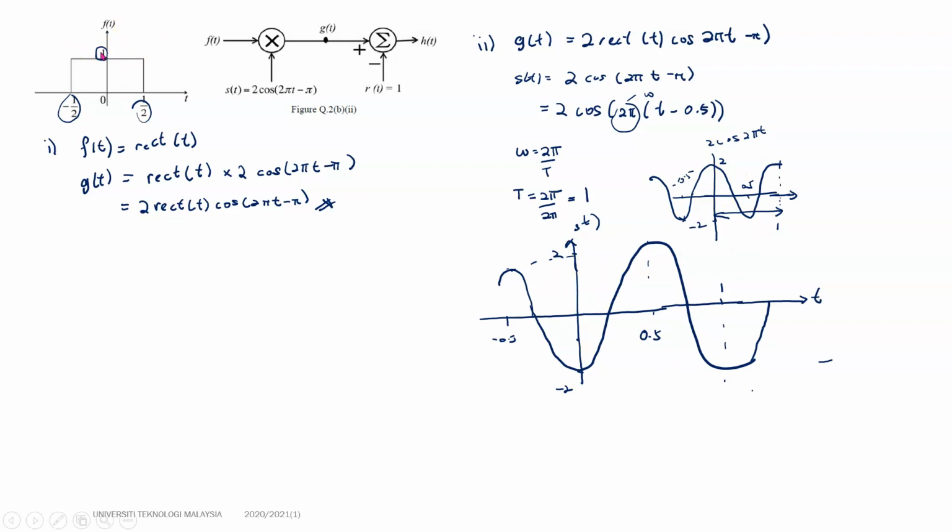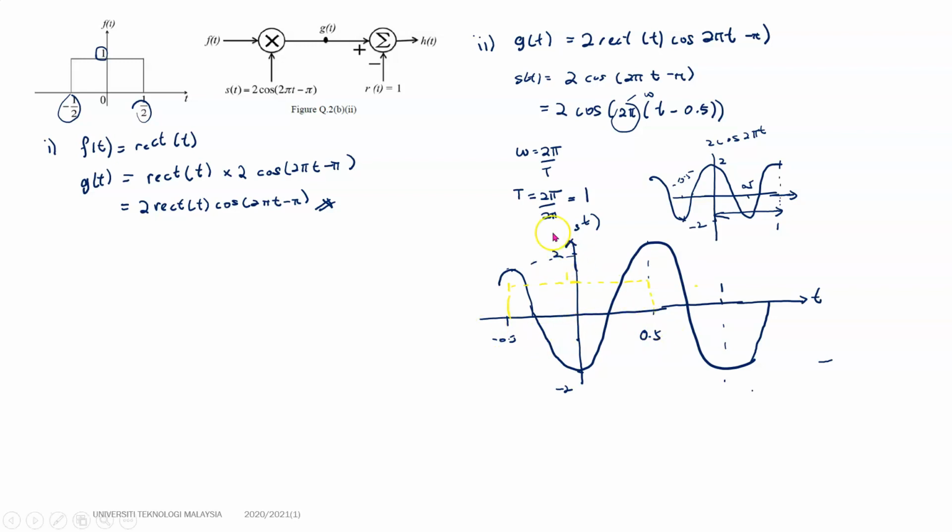So we imagine that ft here is a rectangle signal. If it is superposition here, t is from negative 0.5 to 0.5, and it has a magnitude of 1. So it is between this window.